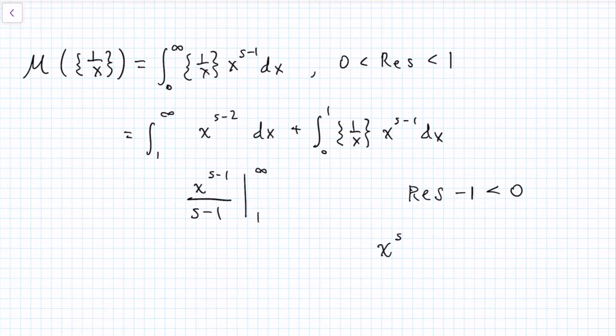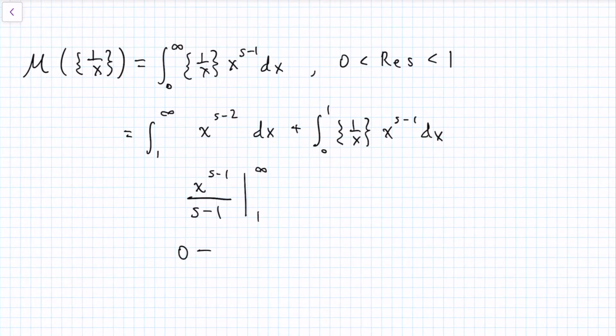If you take the absolute value of x to the s minus 1, this is just equal to x to the real part of s minus 1, which will approach 0 as x goes to infinity because this exponent is negative, as we see above. Pretty great. So the first integral simplifies as 0 minus 1 over s minus 1. So really it's negative 1 over s minus 1 in the end. Perfect. That's the first integral.